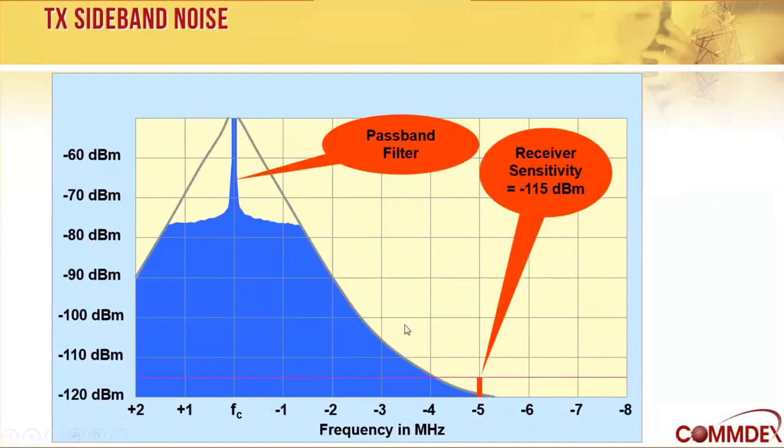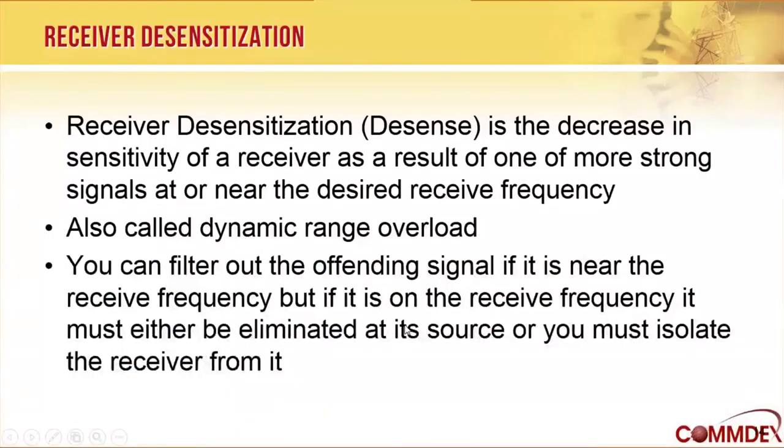So either one of those will help us. So that was transmitter noise. Let's talk about the effect, which is receive desensitization. Again, this is a decrease in sensitivity. When somebody yells at you all day, you become desensitized, and that's what's happening.